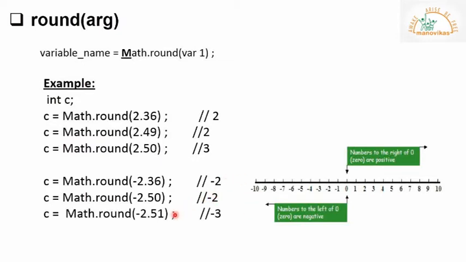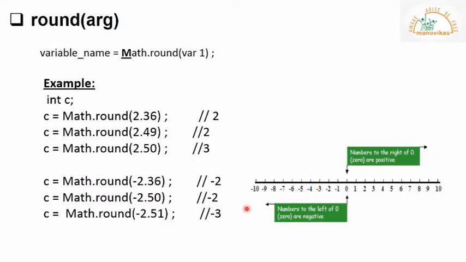Now the next one is minus 2.51. Now minus 2.51 is smaller than minus 2.5. See, because there is a negative sign, minus 2.51 is smaller than minus 2.5. Please remember, this is close to minus 3.